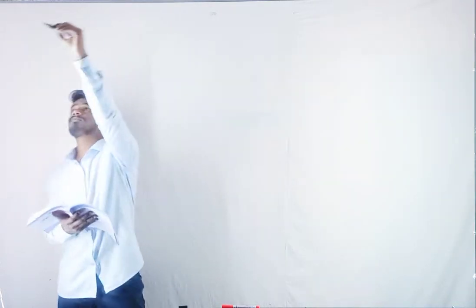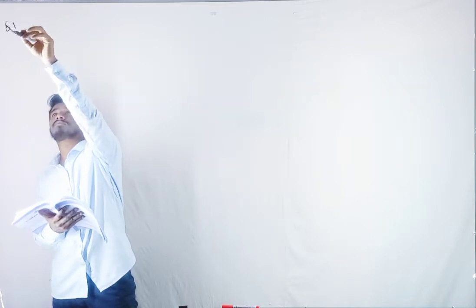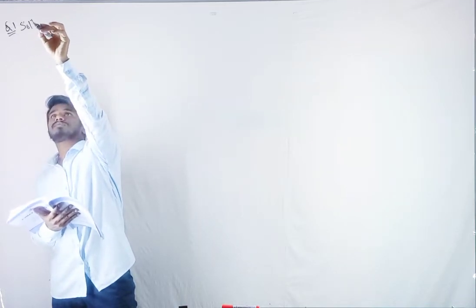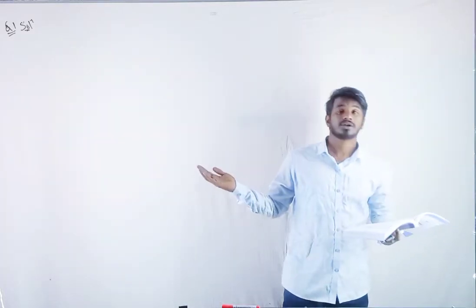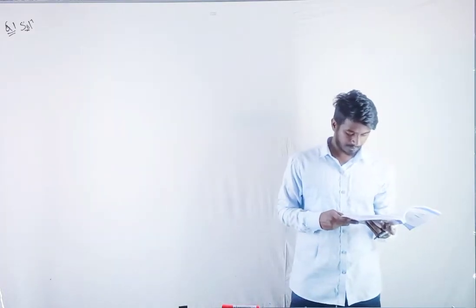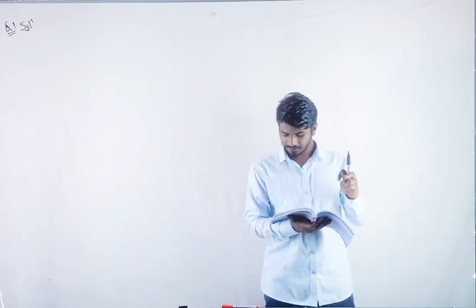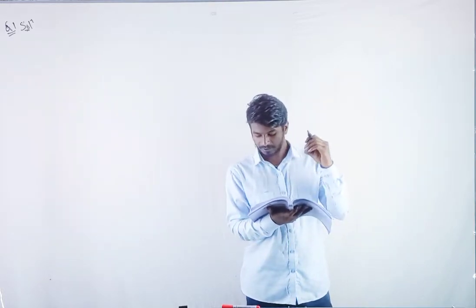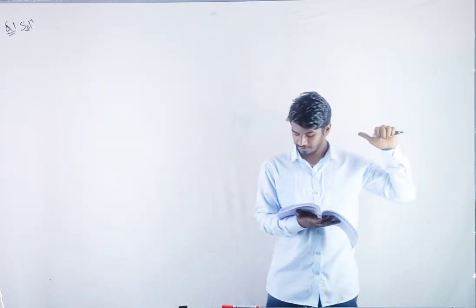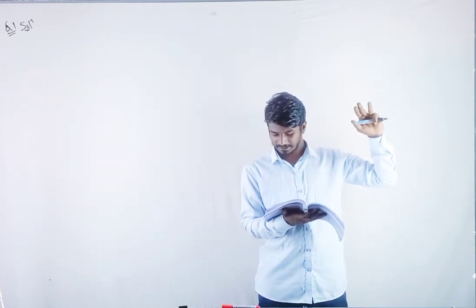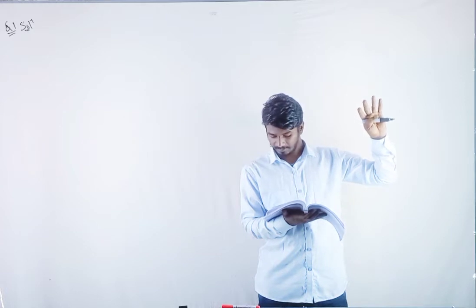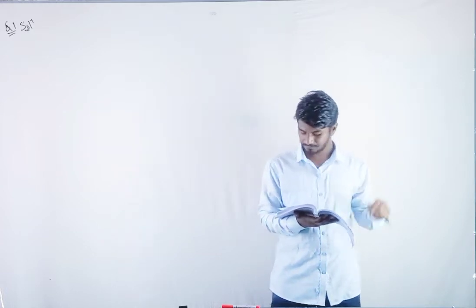Question number 1. The question is on the board. You can take down the question. Shall we read the question? Calculate the current ratio from the following information. They have given inventories, trade receivable, advance tax, cash and cash equivalents, trade payables, short term borrowings.